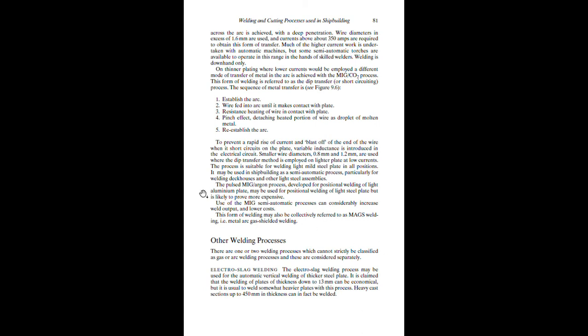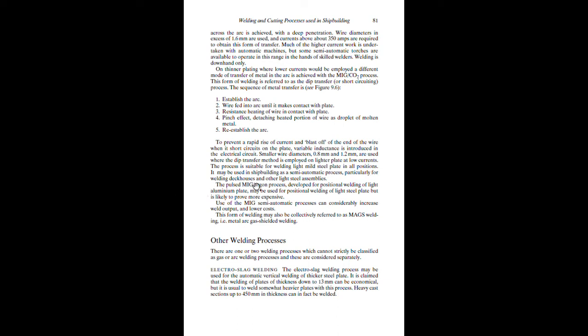Now, to prevent a rapid rise of current and blast off of the end of the wire when it short circuits on the plate, variable inductance is introduced in the electrical circuit. Smaller wire diameters, 0.8 mm and 1.2 mm, are used where the dip transfer method is employed on lighter plate at low currents. The process is suitable for welding light and mild steel plate in all positions.